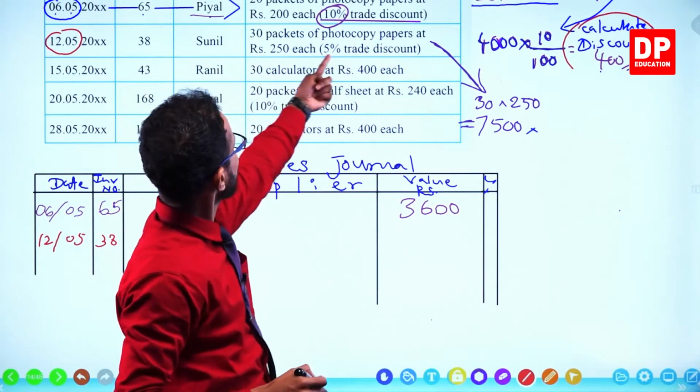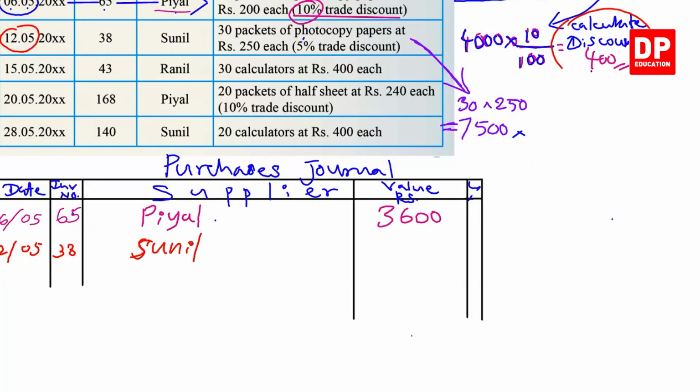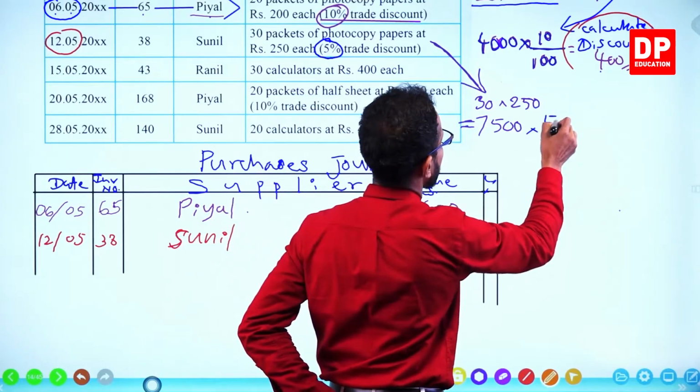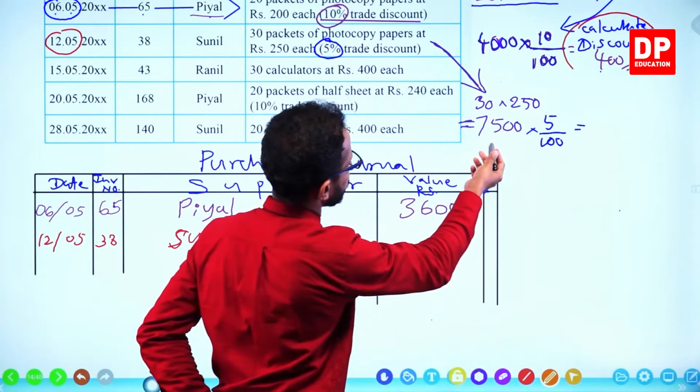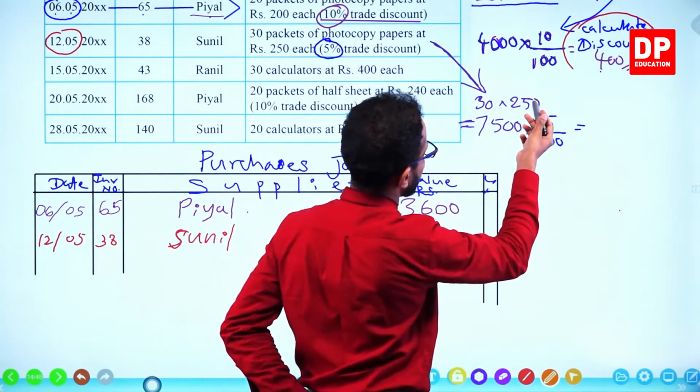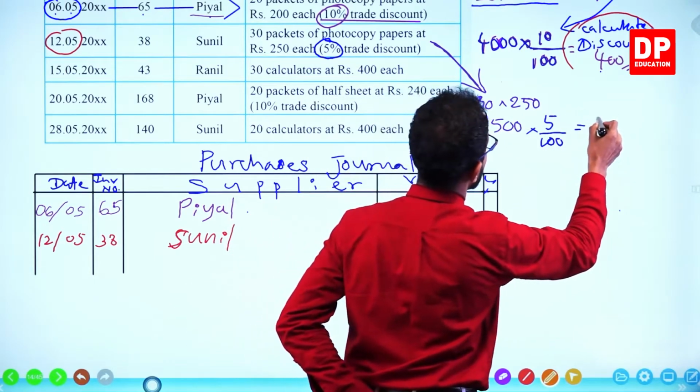How much is the discount percentage? It's 5%, 5 over 100. From 7,500, 5% is 375.